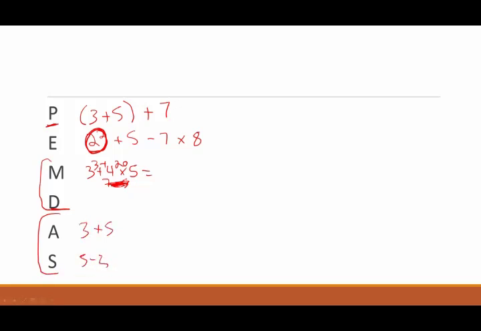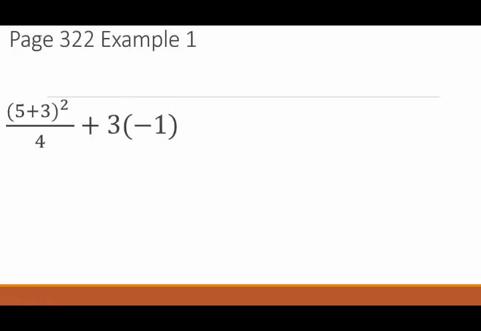So let's do the two examples in order of operations on page 322. So I'm on page 322, example 1. Let's write PEMDAS real quick. PEMDAS. Alright, so we know this is parentheses, exponents, multiply, divide, add, subtract.